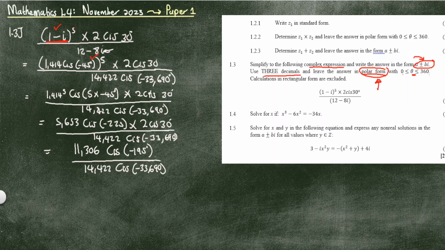Alright, then what? I have two complex numbers dividing each other. So we take 11.306 divided by 14.422. The answer is 0.784.